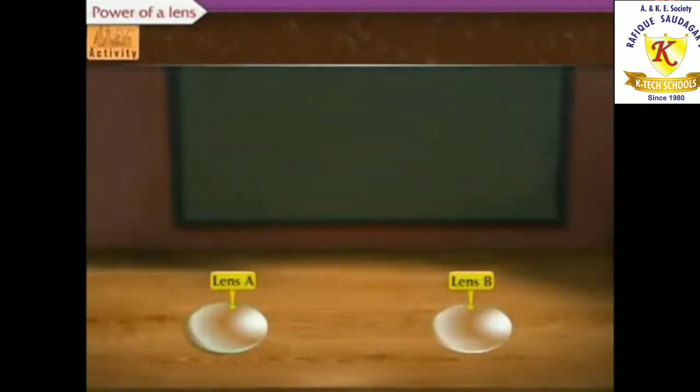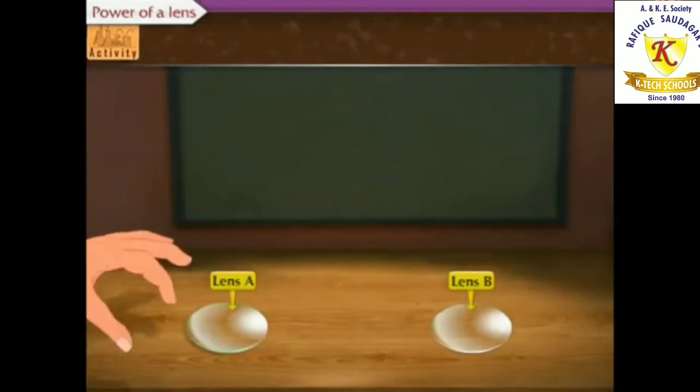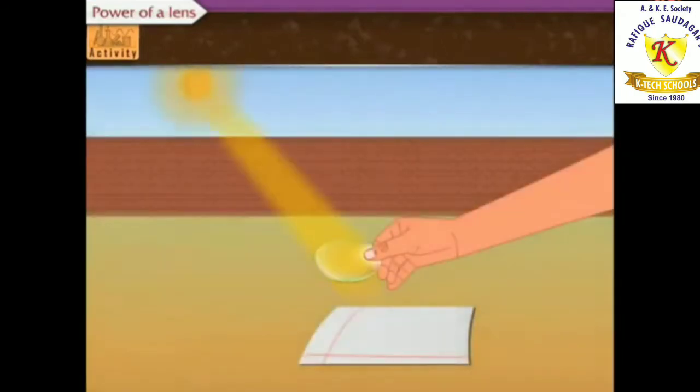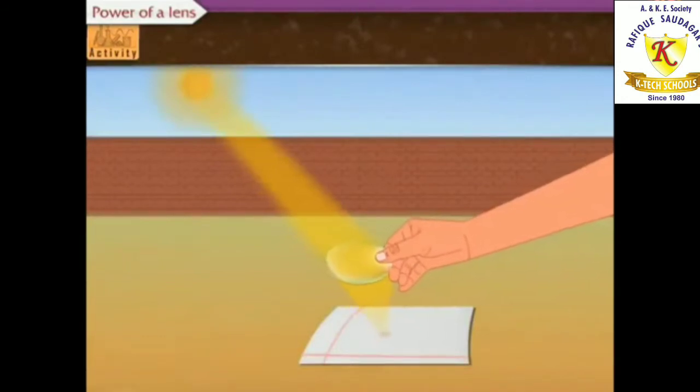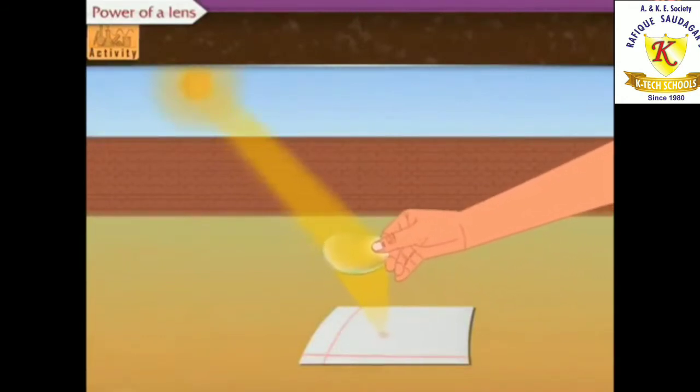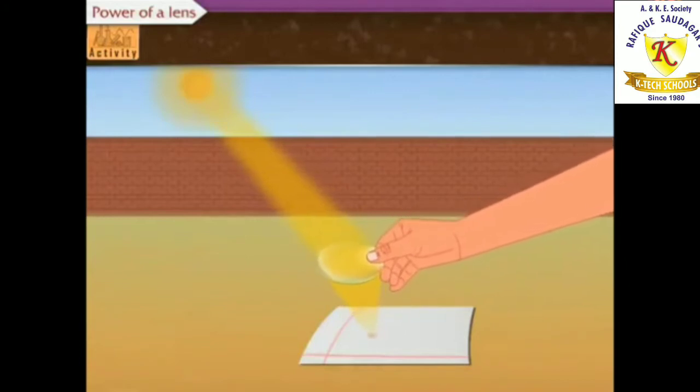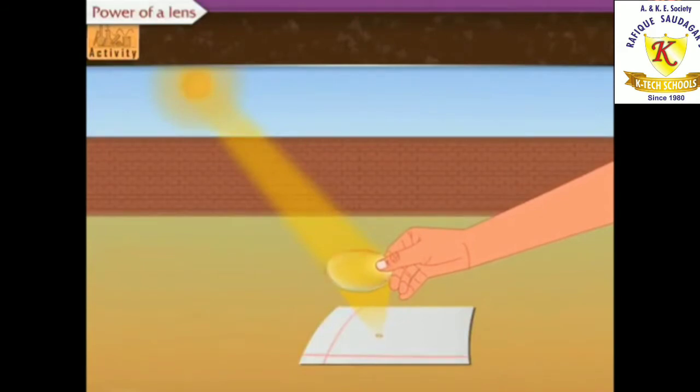So, now we will learn the power of a lens. For this, we need to perform an activity. Take two convex lenses of different sizes, lens A and lens B. Now take a single lens, lens A, and collect sunlight on the paper using this lens A. Adjust it to get a clear dot.